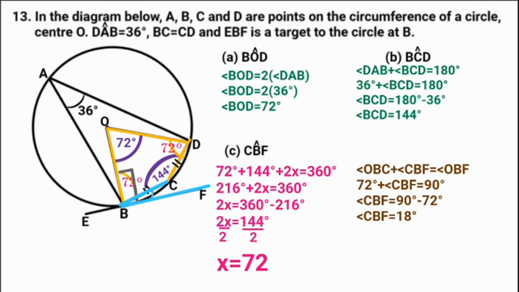This is what we are supposed to do in an exam to find the value of angle CBF, and these are the answers we are supposed to write in the answer spaces on the answer sheet.